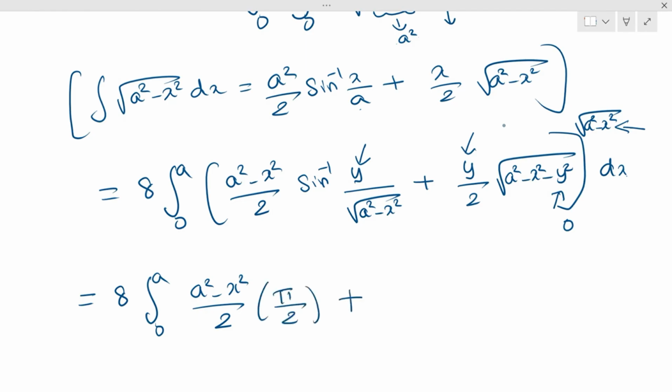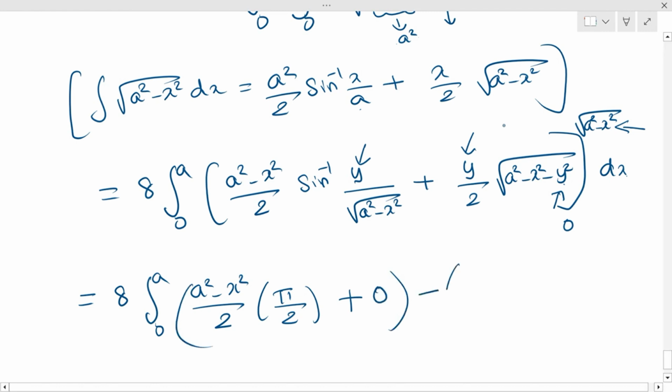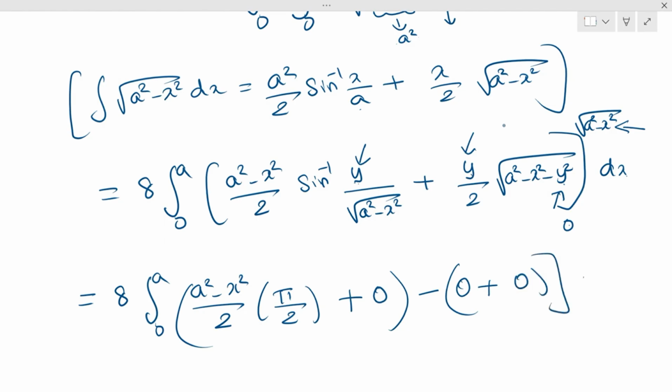Plus, here when we substitute y equal to root of a square minus x square, this term becomes 0. Minus, when we apply the lower limit, when we substitute y equal to 0, sine inverse 0 is 0. Here also when we put y equal to 0, this term also becomes 0.